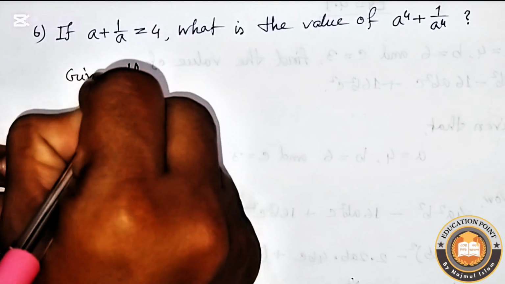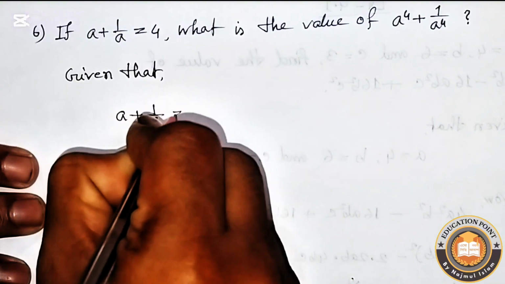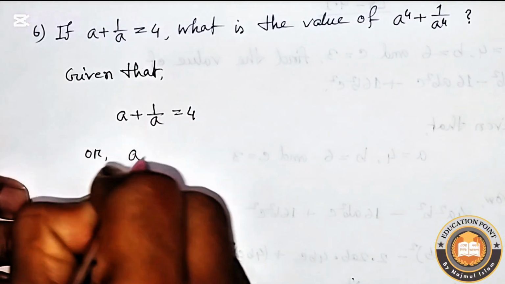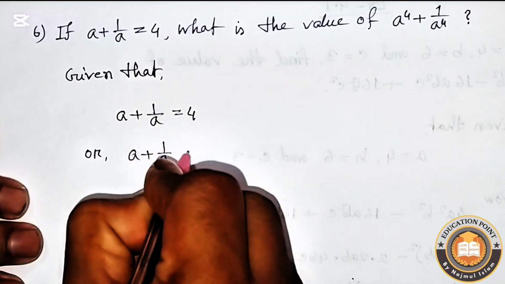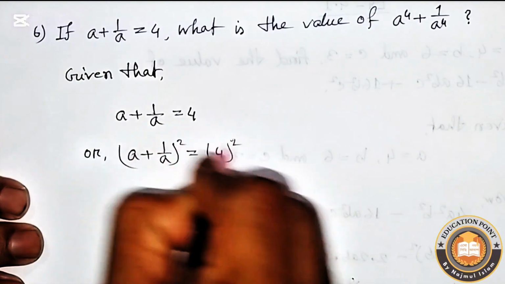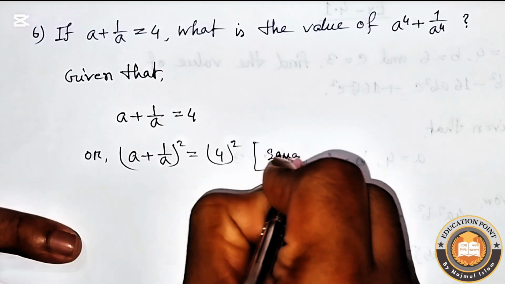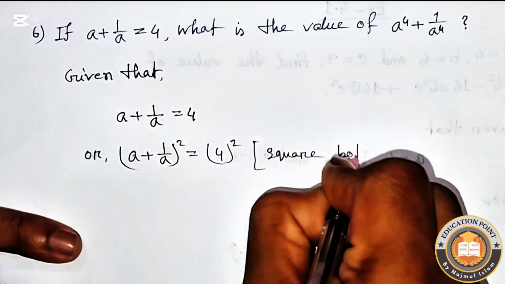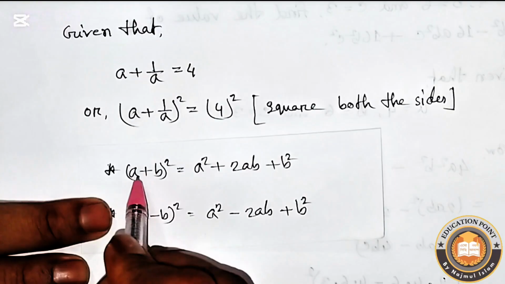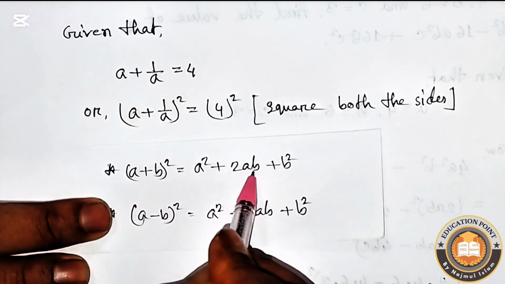Given that a plus 1 by a equals 4. Squaring both sides. Here we will apply the formula of (a plus b) whole square, that means a² plus 2ab plus b².